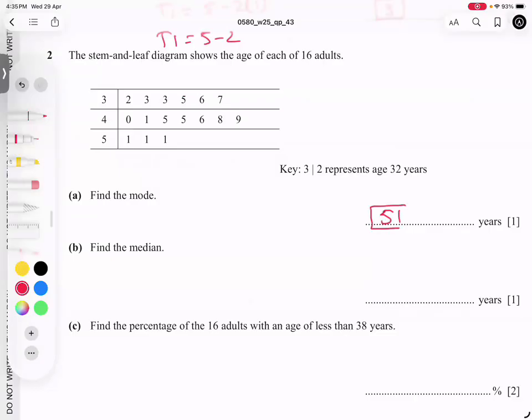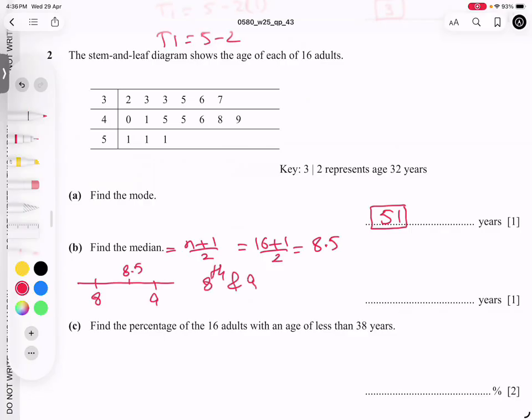Okay, and now find the median. What is the median formula? The formula for the median position is n plus 1 divided by 2, and n is 16, as you can see at the top. So 16 plus 1 divided by 2 gives 8.5. And 8.5 is in the middle of 8 and 9. So we're looking for the 8th term and the 9th term, and I will add them and divide by 2.